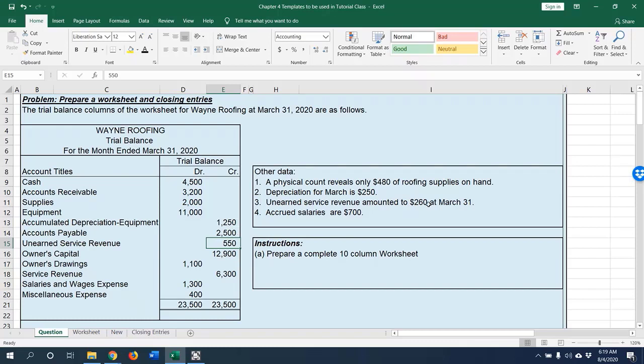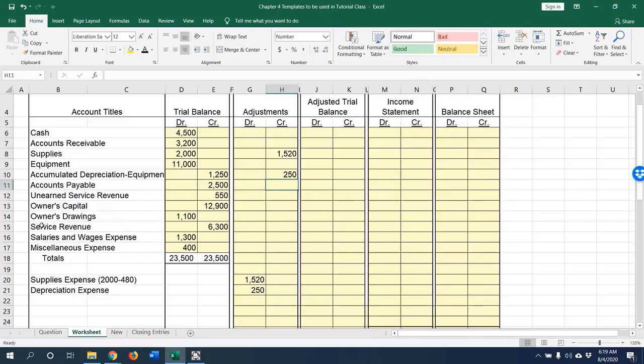Very simple. Because this company has provided some services, and that's why its liability of unearned revenue decreased. Okay, so we have to prepare an adjusting entry for unearned revenue earned. Why has the unearned revenue decreased? Because some of the unearned revenue we have earned. But how much unearned revenue have we earned? Think carefully.